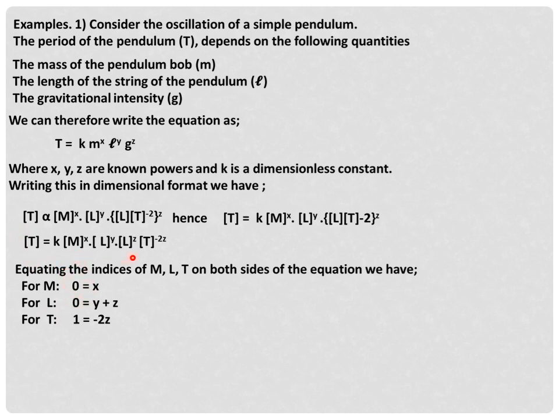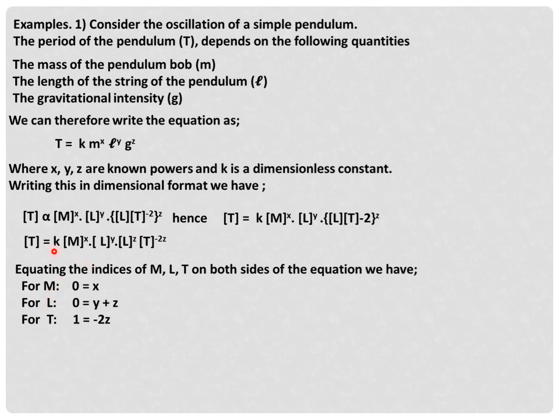On the right hand side, L is raised to the power y and L is also raised to the power z. So the power of L on the right hand side is y plus z. Remember indices: when the bases are the same, you sum the powers.